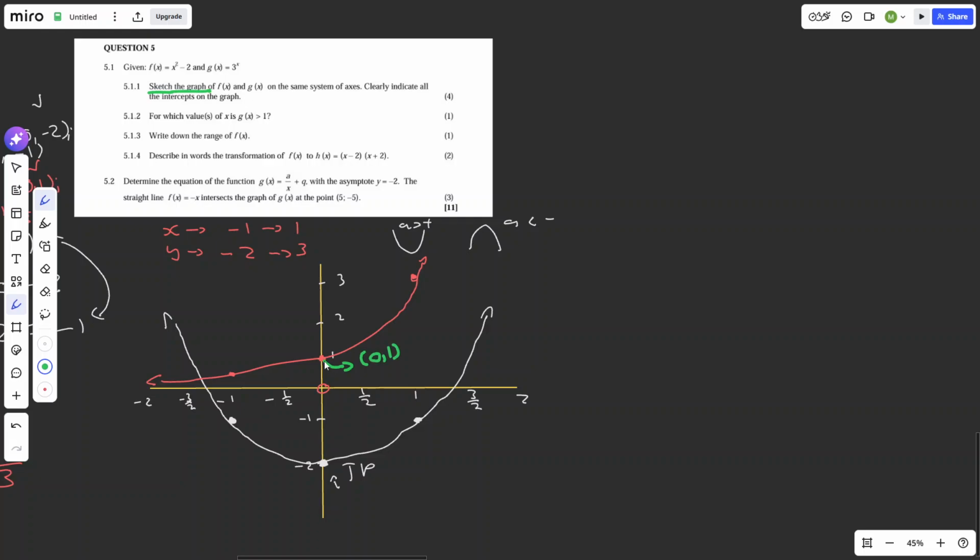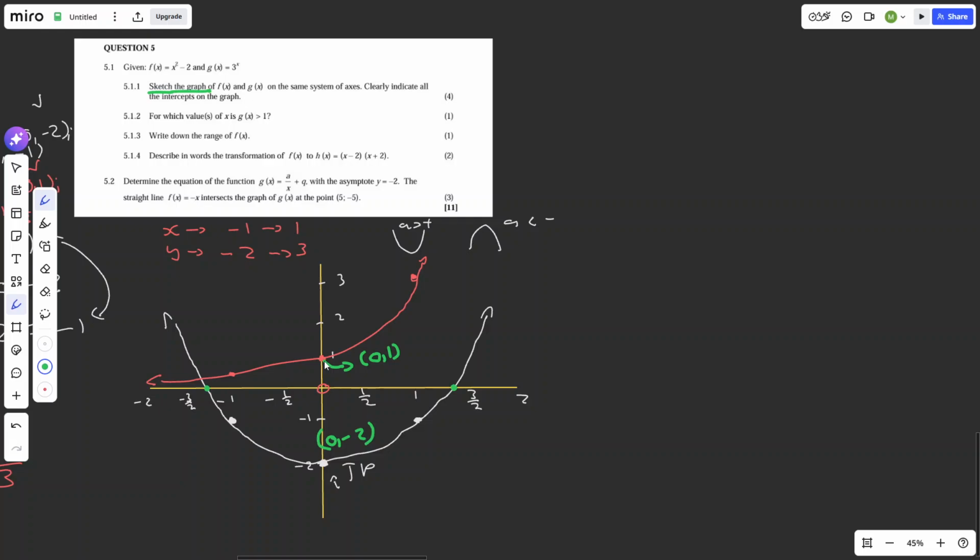The next one is here at the turning point, which is another intercept. So there we'll put 0 and -2. And then another one is at this point here. Then this point here. Okay. So I'll leave that to you guys to find what those values are.